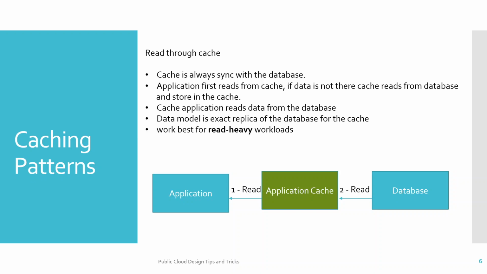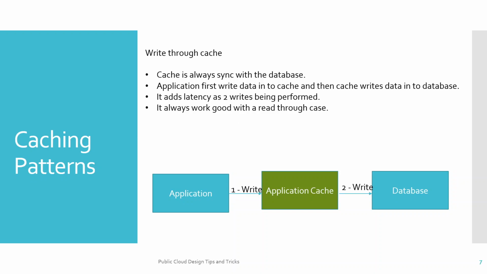So that is the difference. Again, it is best suited for read heavy workloads, and the data model that resides in the application cache is always an exact replica of the target database. So that is how it works.